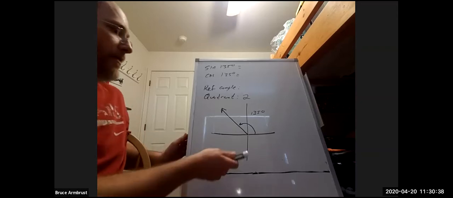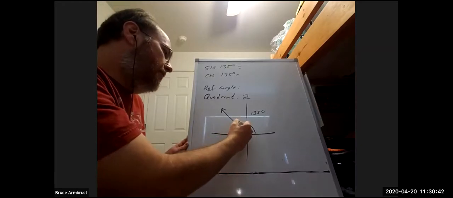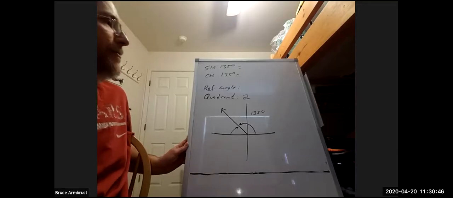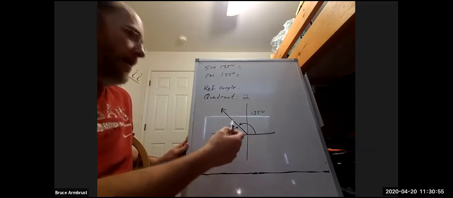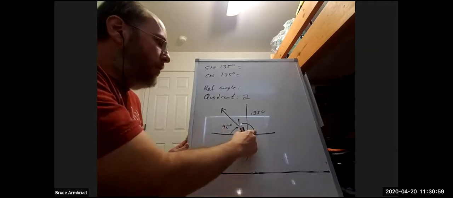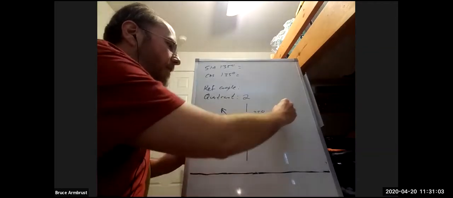So if we're in the second quadrant, in order to get the symmetry, we really want to look at how far are we off of the x-axis. So we find that by just figuring out how much further we have to go to get to 180. So that's a subtraction question. And I see that Diego just threw in the chat that that's 45 degrees. So the reference angle is for sure 45 degrees.